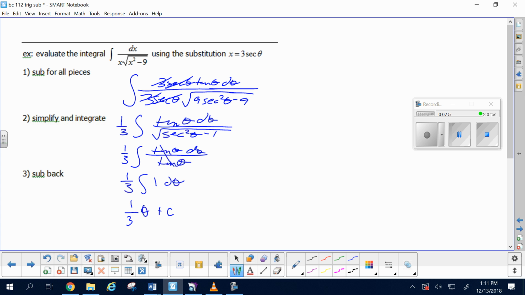Again, it's really easy to sub back. You don't even have to draw the triangle. 1/3. Actually, I didn't go too fast, sorry.